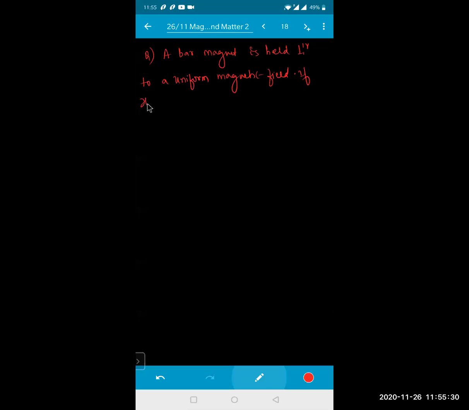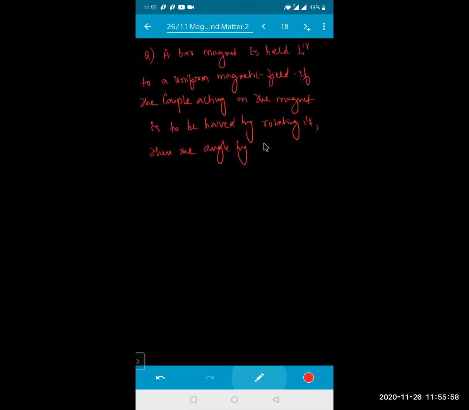If the couple, meaning torque, acting on the magnet is to be halved by rotating it, then the angle by which it is to be rotated is.